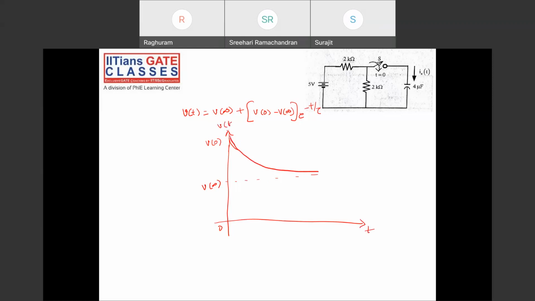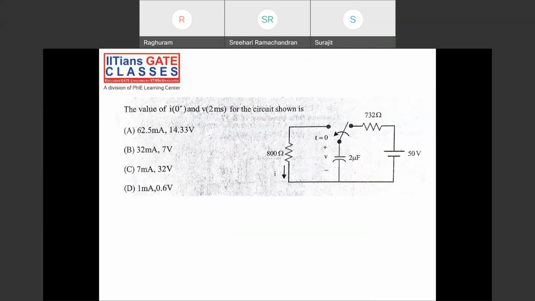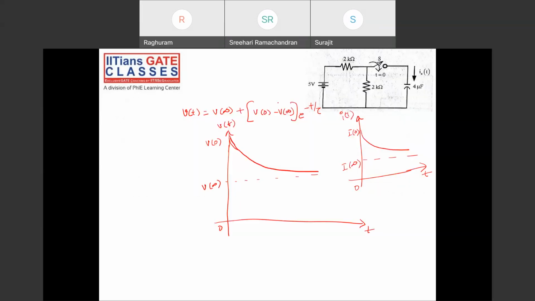This is the circuit or the diagram. Similar for current, an exponentially decaying I of t. This is I naught or I of 0, and this is I of infinity. Clear, right? At t equal to infinity, this term will be 0, only V of infinity will remain.